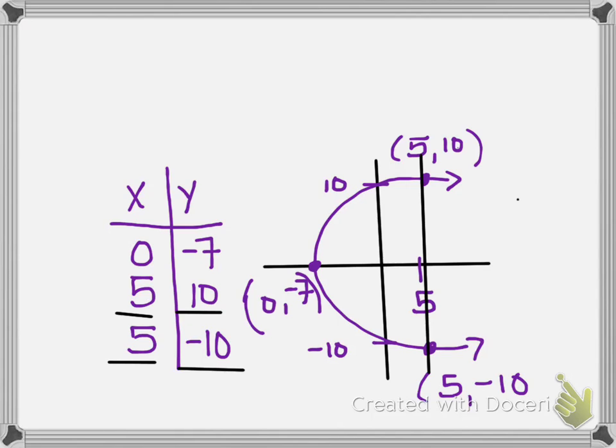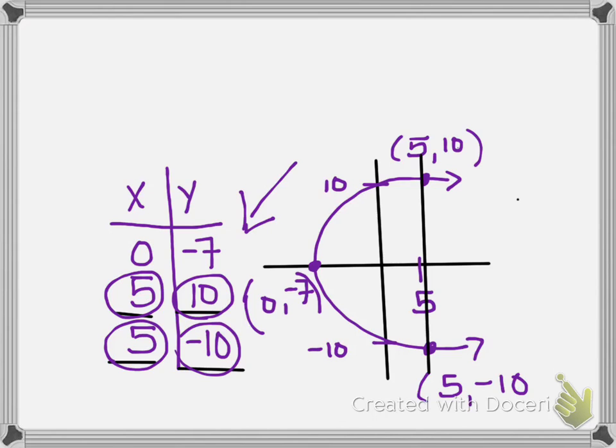Meaning that if you're going to have two different y values for the same x, you do not have a function. And so what we're looking at in a table of values is where you have x represented 2 times, and it gives you 2 different outputs.